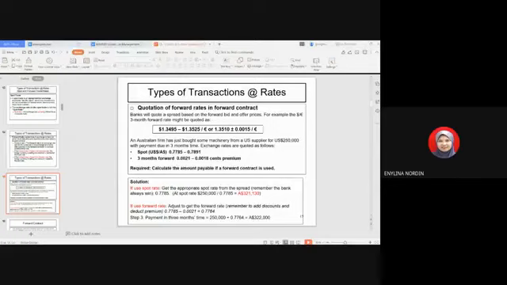So what rate will the bank use here? We have two rates, higher and lower. The bank will sell the US dollar, so sell at what rate? The rule of thumb says sell at the low rate. So the bank will use 0.7785 to sell the US dollar.